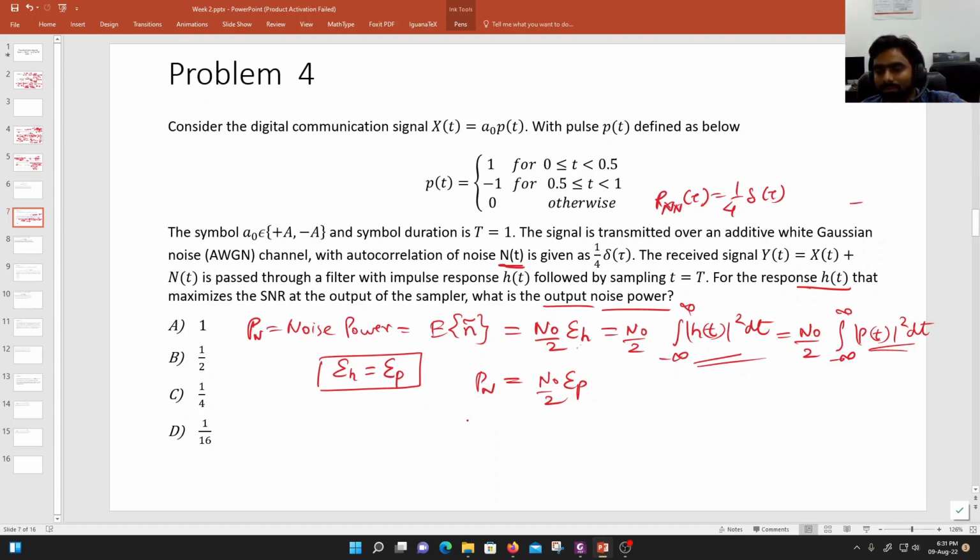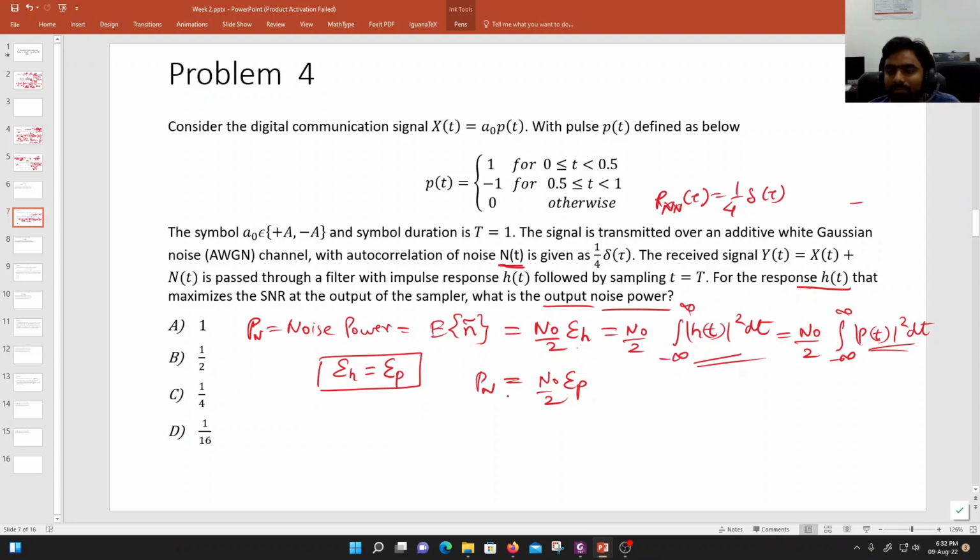Sorry, I'm asking some dumb questions. That N0 is called what, energy per bit, or what is it? No, not energy. It is the variance of the noise. Variance of the noise, oh, okay. But variance is also power, no? I'm getting confused.